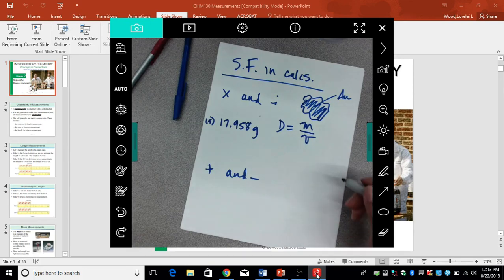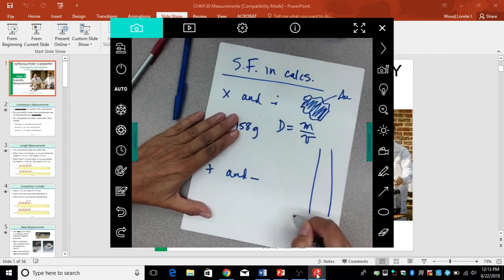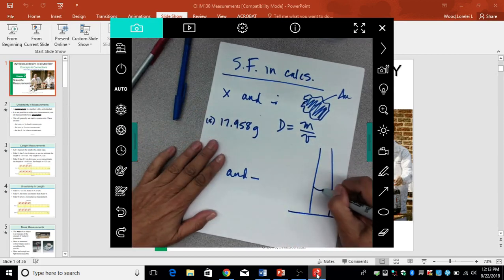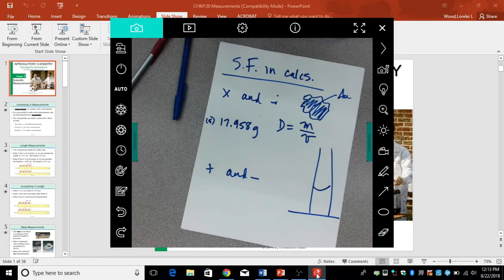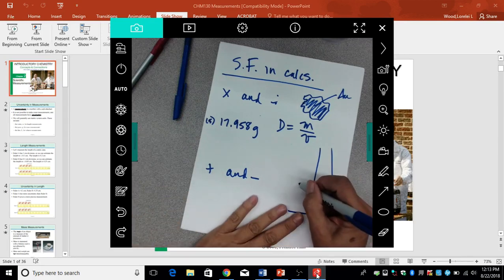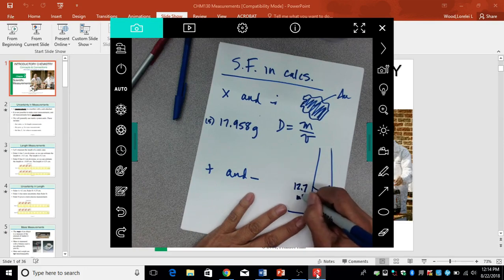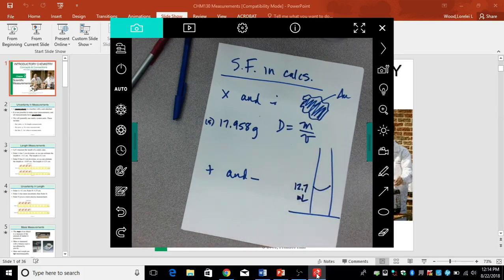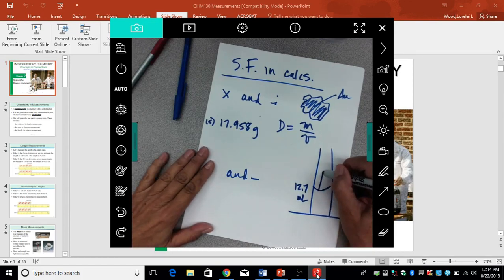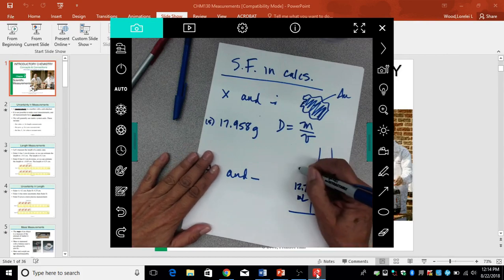Okay, so if you didn't hear, young lady up front, you got a graduated cylinder, you put some water in the graduated cylinder. Say the first measurement, write this down, we decided it was 12.7 milliliters of water that we started with in the graduated cylinder before we put the gold in. So 12.7 milliliters. I drop my hunk of gold in. The water level goes up to 14.2 milliliters.